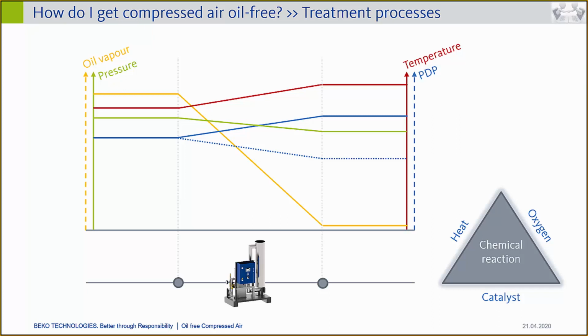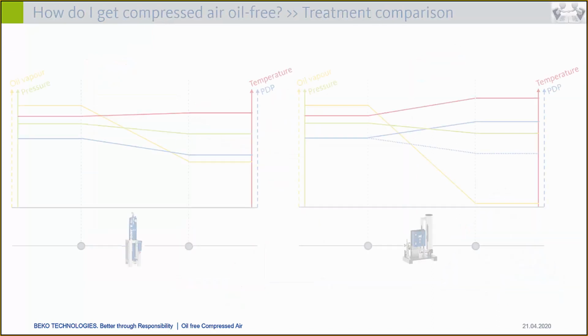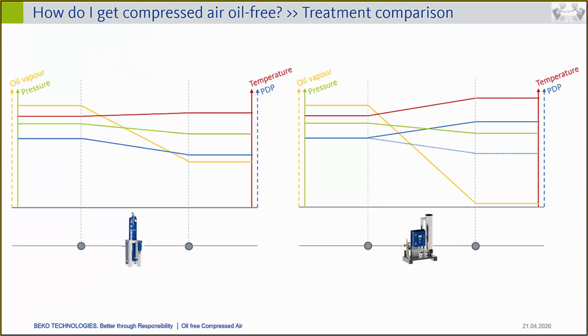And on the next slide, we will also have a comparison of both, and I will also pick up on some reasons for that. So the biggest gap here is the PDP. I mean, beside the oil vapor gap, it's the PDP that lowers automatically in adsorption processes, but here it will fluctuate.